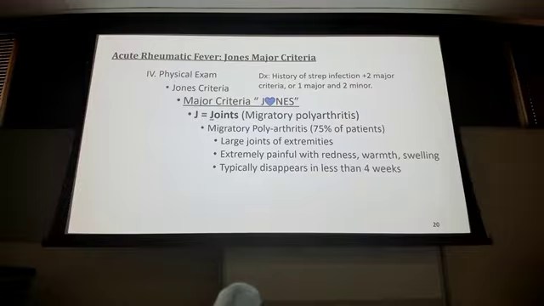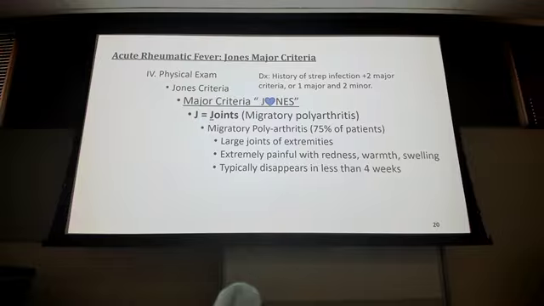So J stands for joints, so you get this migratory polyarthritis where major joints suffer pain, okay? So you're talking about your knees, your elbows, your hips. These are joints that are going to be affected by this inflammatory process. And it's extremely painful. There is swelling and erythema involved.